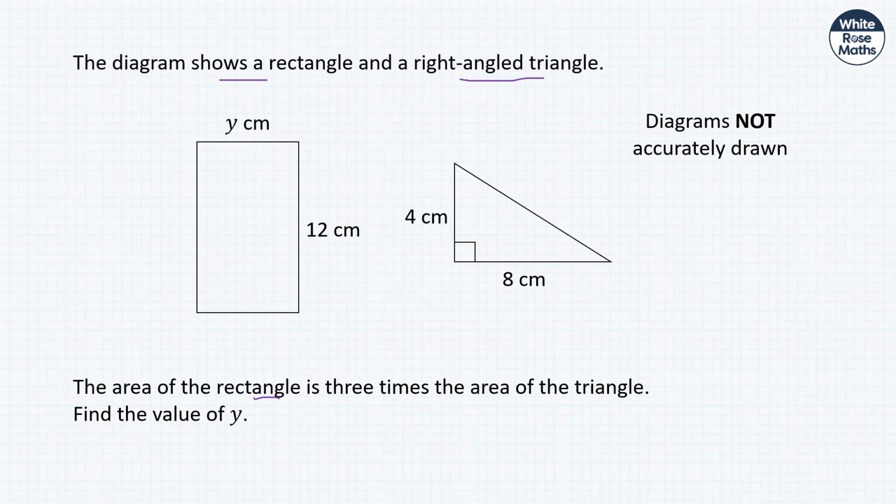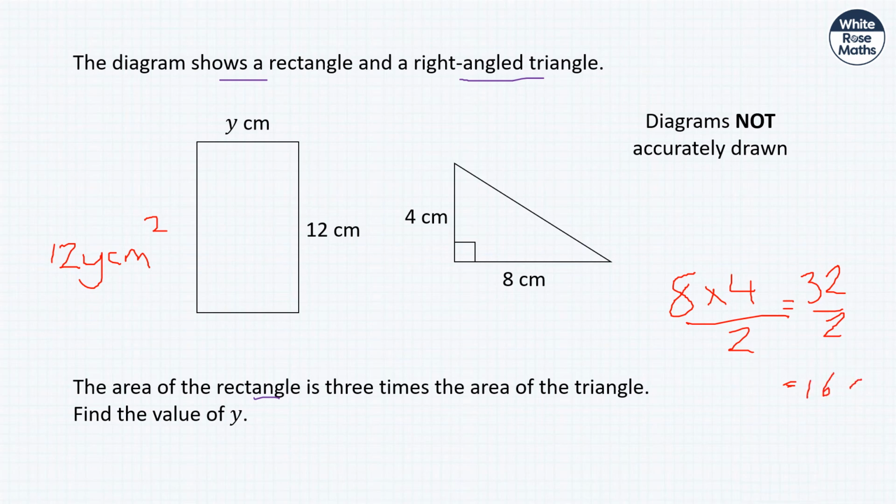The area of the rectangle will be y times 12, so it'll be 12y centimeters squared. The area of the triangle will be 8 times 4, divided by 2, which is 32 halves, which is equal to 16.